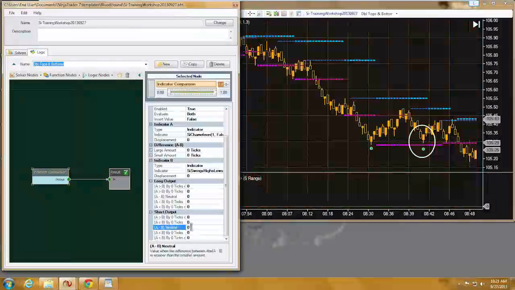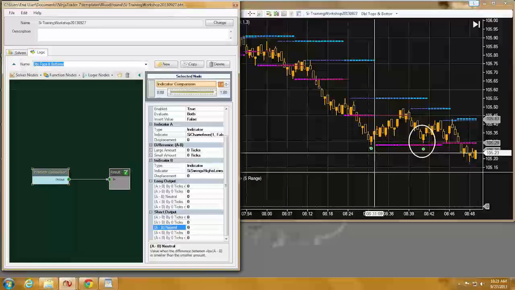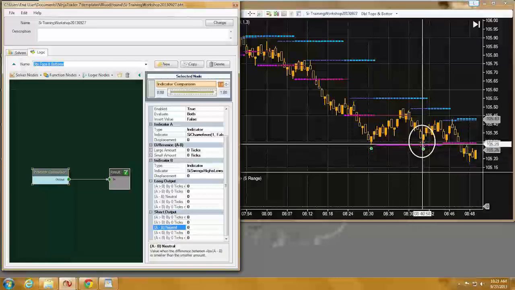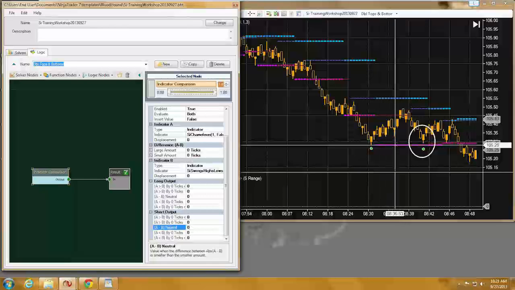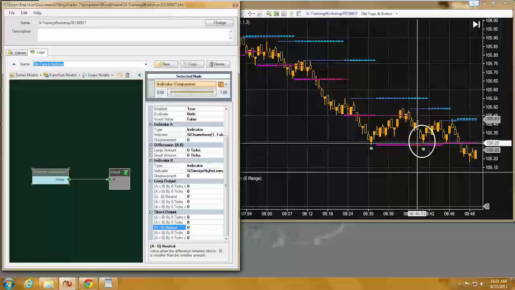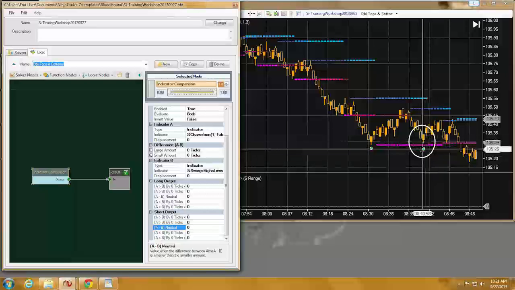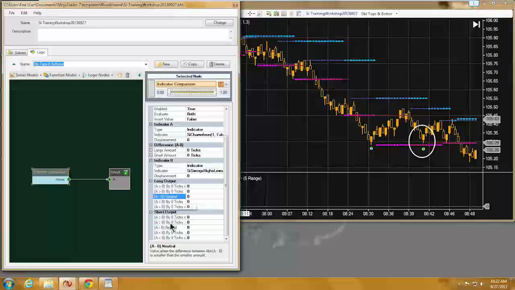Now I'm not looking for price to be above or below this indicator plot. I'm looking for price, in this instance the low price, to be within a certain range, within proximity. So when that happens, I want to use the neutral output here.